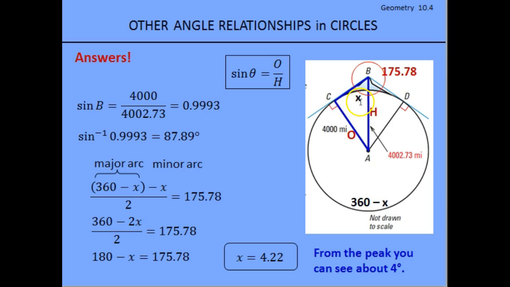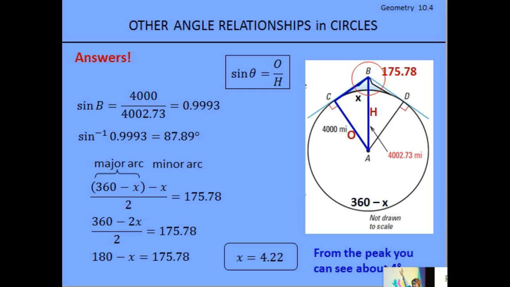And then we have to subtract x for the small arc equals what the angle is, which is 175.78. So then we just have to do the simple algebra, and from the peak, you will be able to see about 4 degrees because you should get about 4.22.